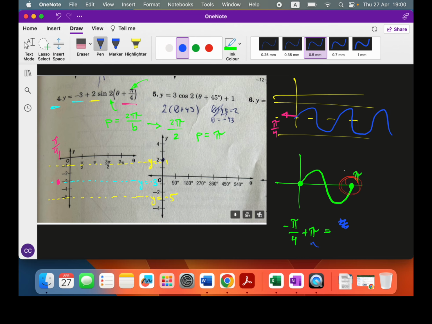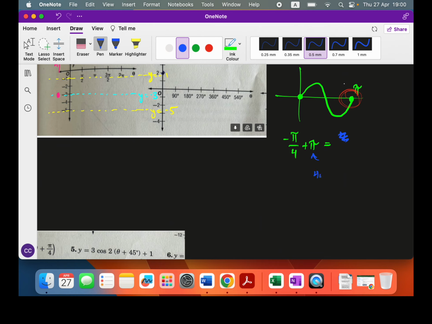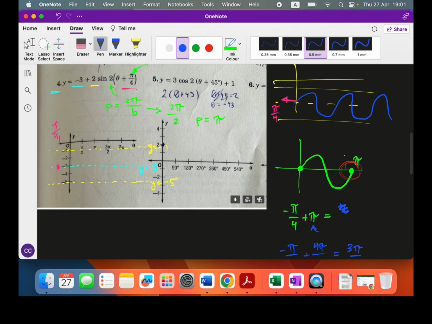This is 4 pi over 4. 4 pi over 4 plus negative pi over 4 tells me that at 3 pi over 4, I am back at the start. So I'm just going to try to sketch that in.